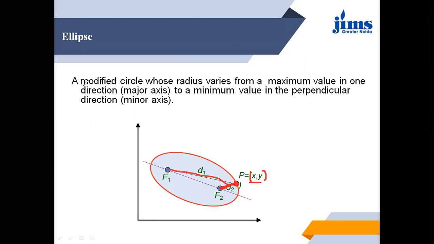This is a modified circle. As I told you, this is a special case of a circle whose radius varies from the maximum value in the direction of the major axis to the minimum value in the perpendicular minor axis.